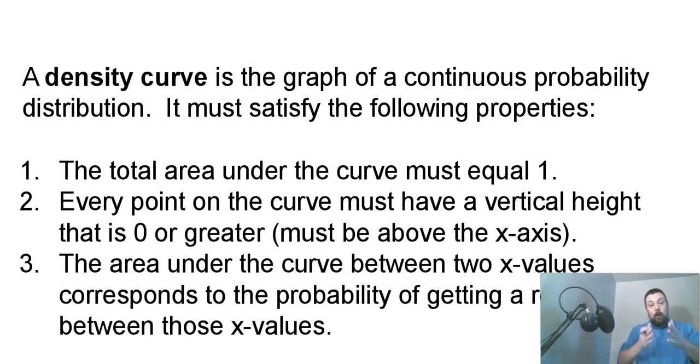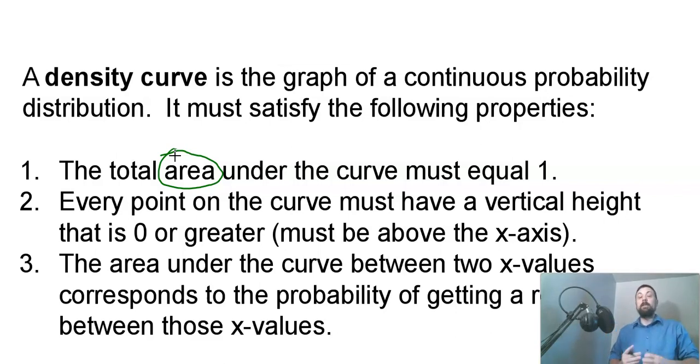Now that should let you know that it's the area that is going to correspond to the probability. Not a point on the graph, but the area from the graph down to the x-axis. Because we know the total probability has to equal 1, and we are requiring that the total area under this graph equal 1. So there's a connection there between area and probability.